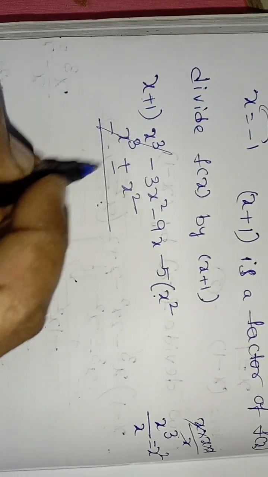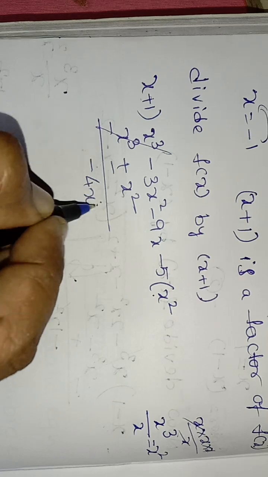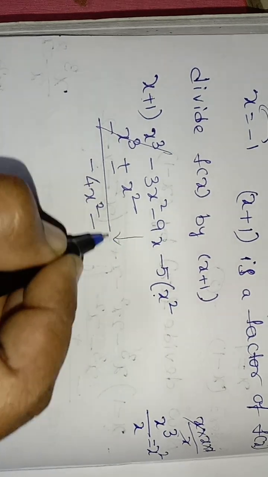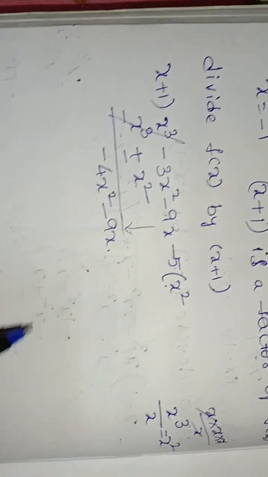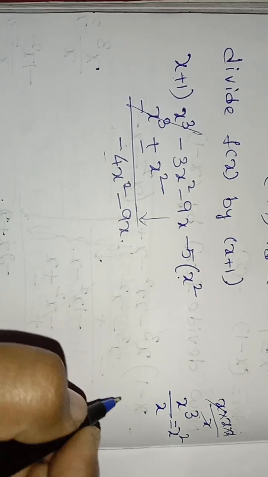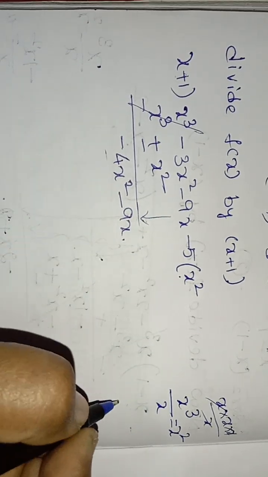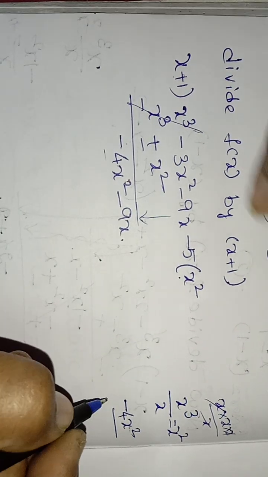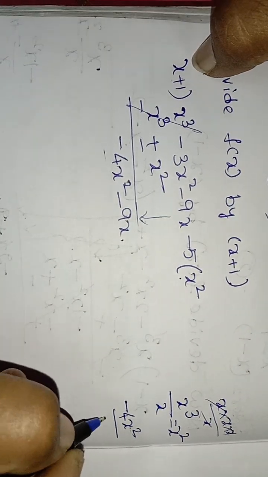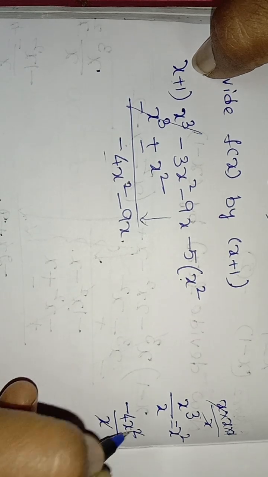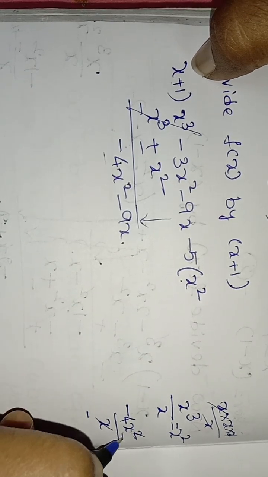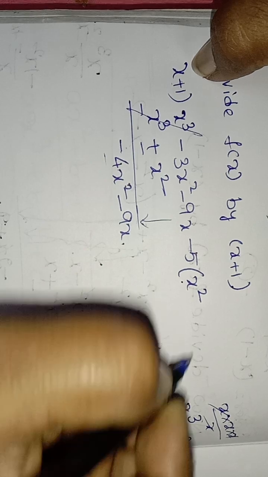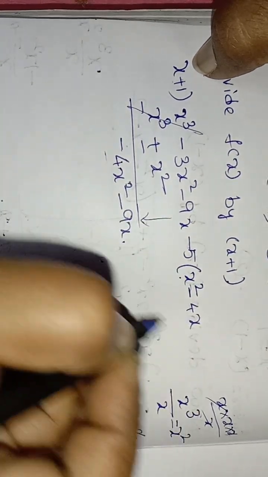These two will get cancelled, leaving minus 4x square, and now bring this term down, minus 9x. Now take the first term of your divisor: minus 4x square by x. x will get cancelled, and minus 4x will be left. So minus 4x I am taking.